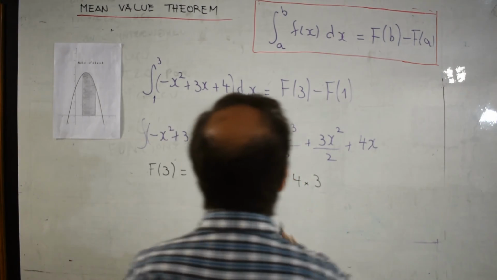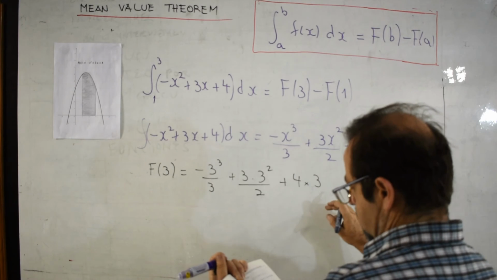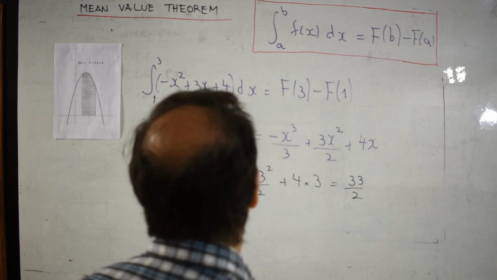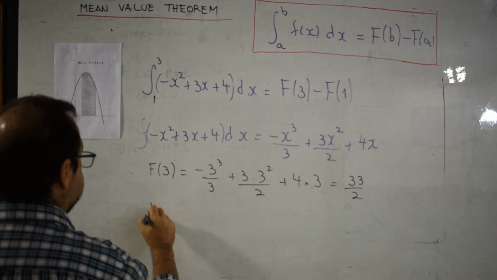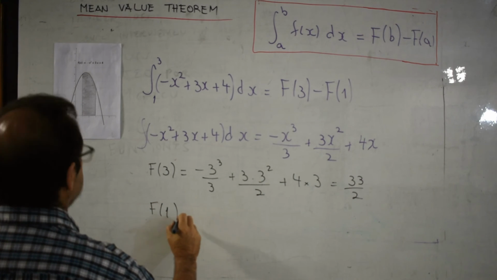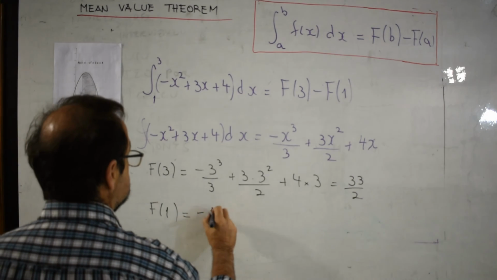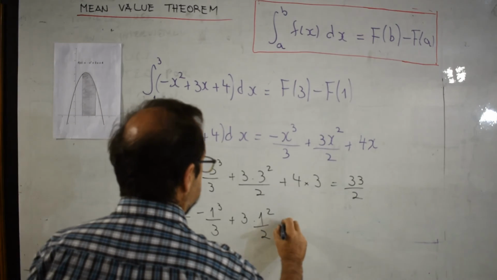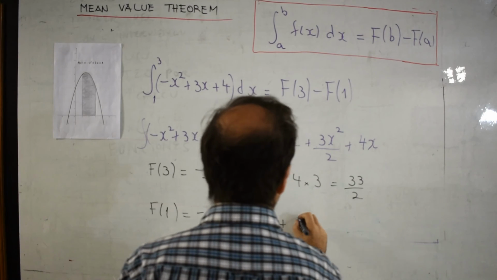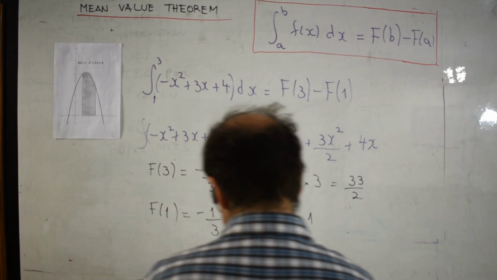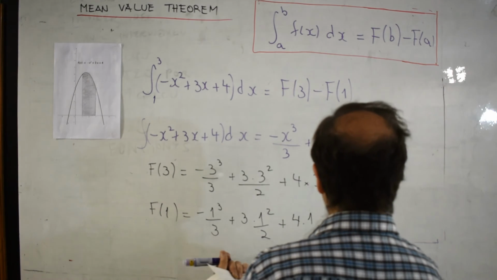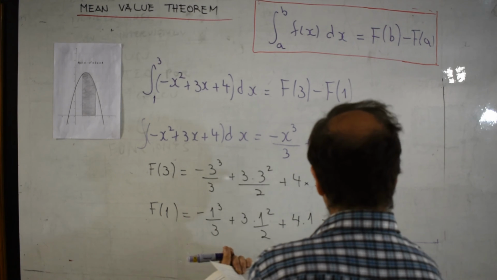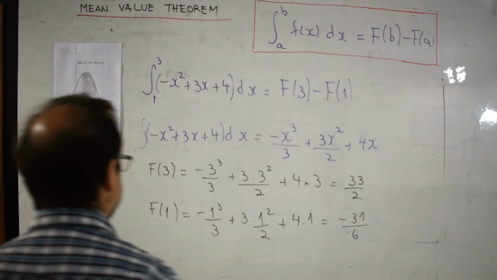And all this operation will give you 33 halves. And f of 1 is going to be minus 1 cubed divided by 3 plus 3 times 1 squared divided by 2 plus 4 times 1. And that is going to be 31 sixths. We have to subtract those two numbers.